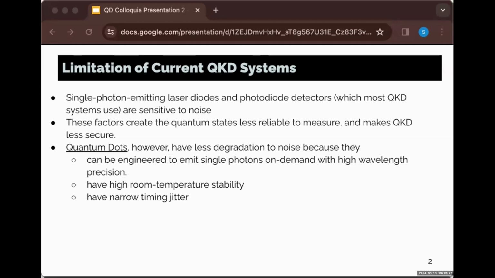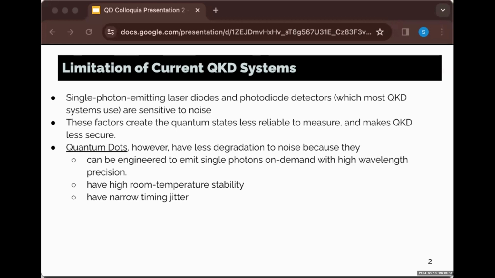Specifically, these environmental factors can cause depolarizing, dephasing, and amplitude damping type noises to our photons. QKD is meant to be done in the outdoors over very large distances, so these environmental factors will inevitably play a big role. Additionally, even current expensive technologies still have limitations in accuracy of emitted wavelength. These factors will all make QKD less secure.